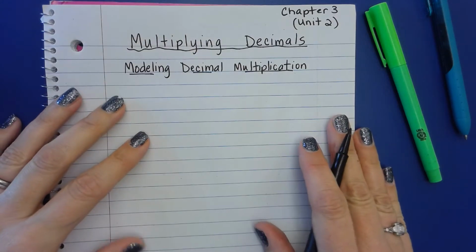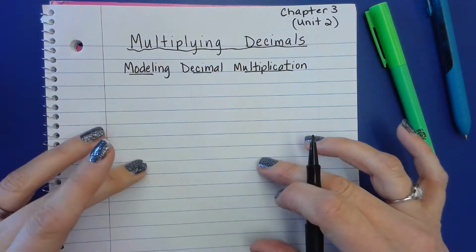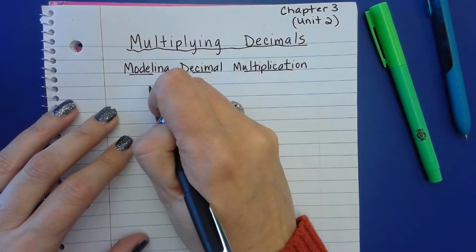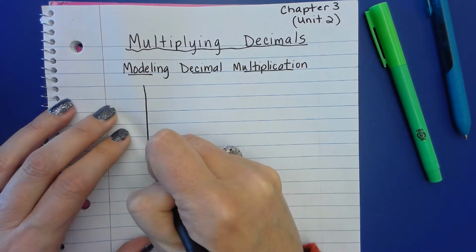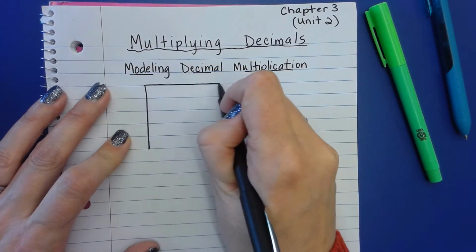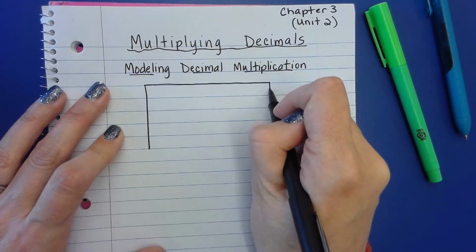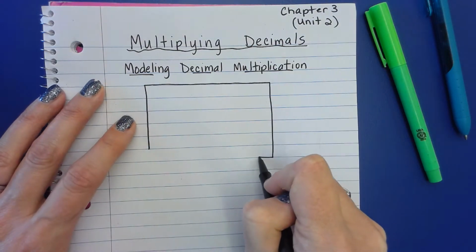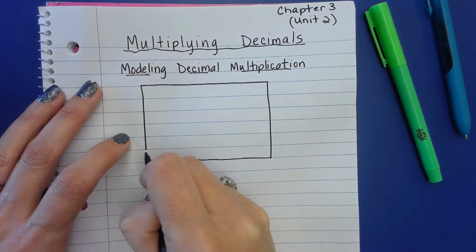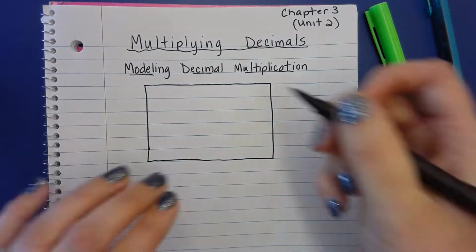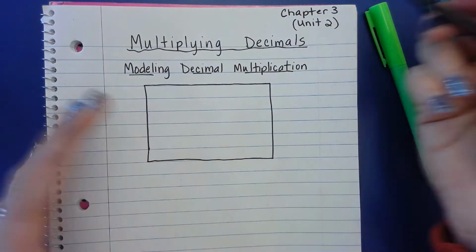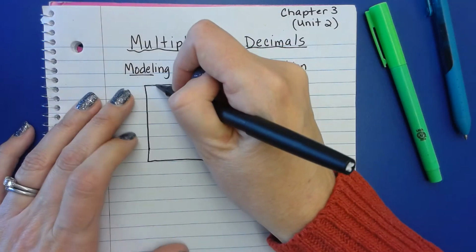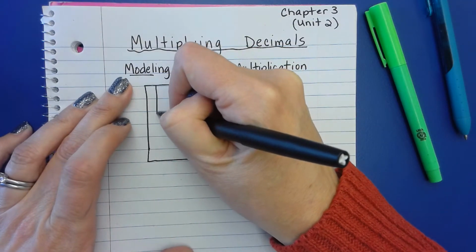So we're going to start off with our large square, which would be, the value would be 1 whole, okay? But we're going to have to draw it out and make it into 10 rows and 10 columns. So be neat about it. If you run out of room, which happens to me often, I'll just add an extra row or column, whatever I need.